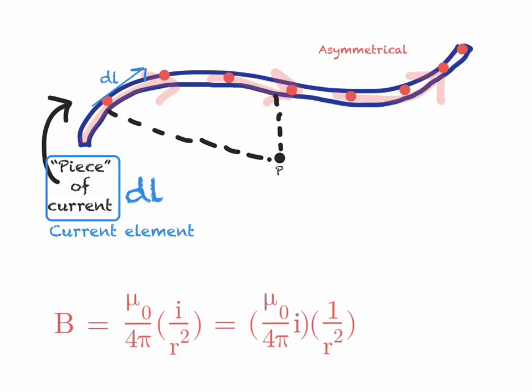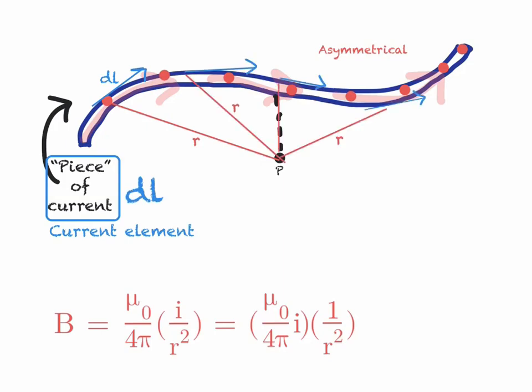It's always pointing tangent to the path that it's taking. Although it's not exactly that, that's one way you can just sort of imagine it, that every little dl piece here is some distance r away from point P. And that is, of course, going to vary depending on what dl location you're focused on.